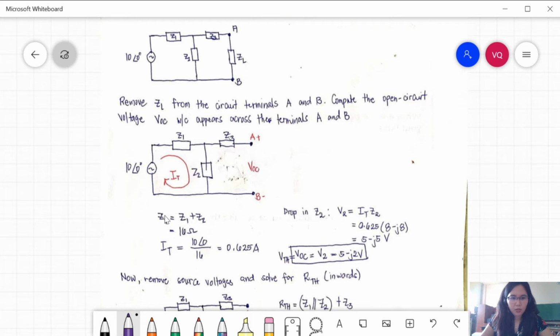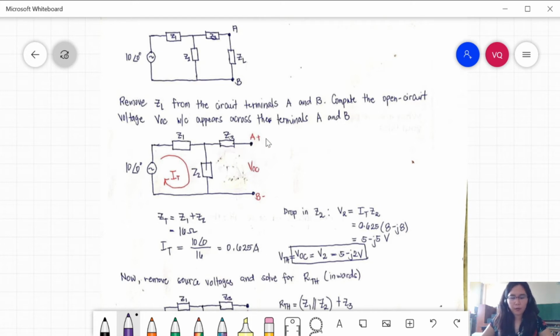Solving IT, ZT will be Z1 plus Z2, that is 8 plus J8 plus 8 minus J8, equal to 16 ohms. IT now will be the source voltage 10 angle 0 divided by the total impedance 16. So IT is equal to 0.625 amperes.